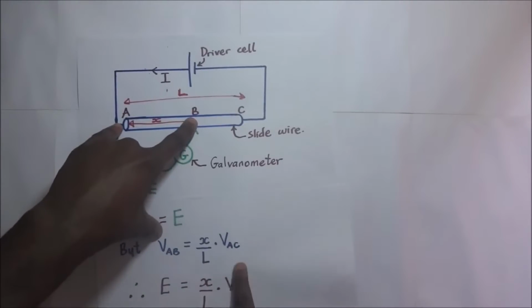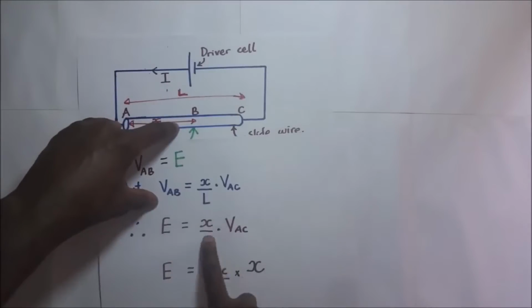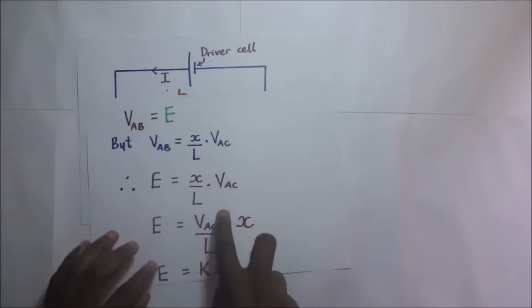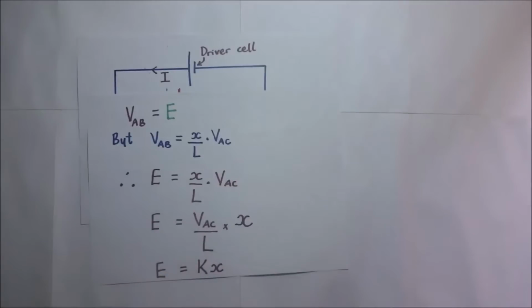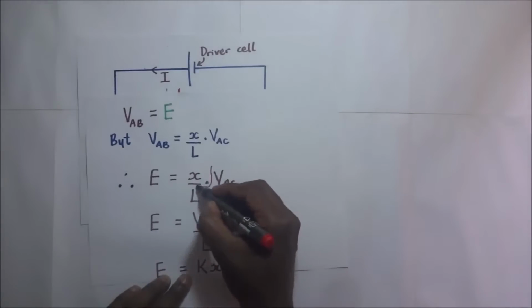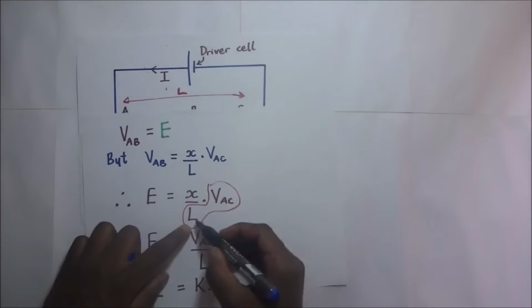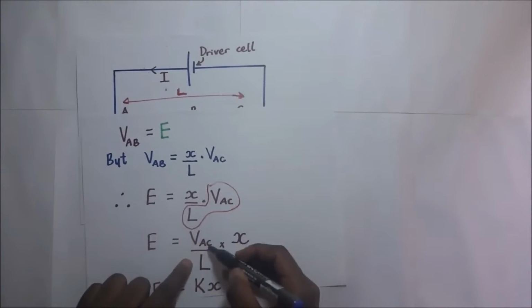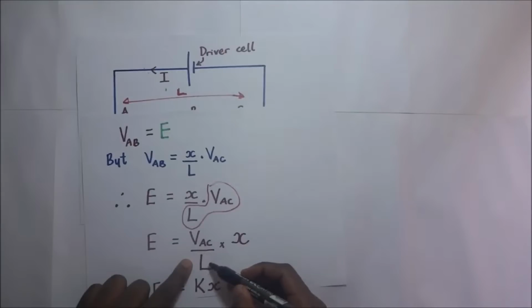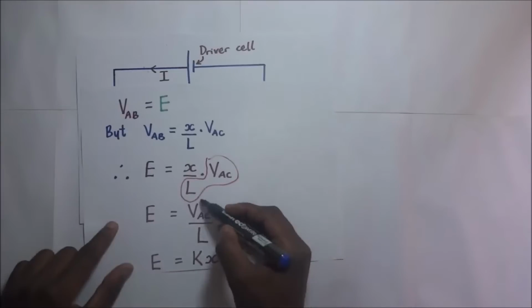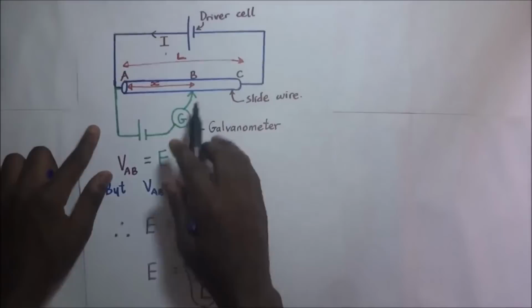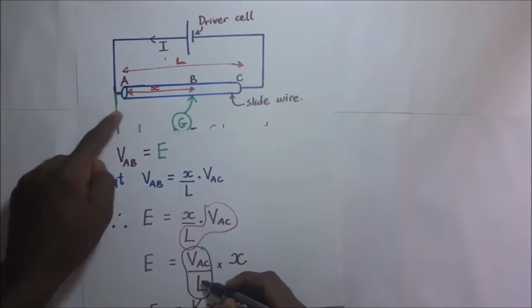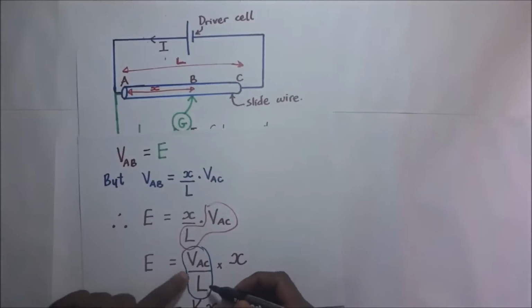So we have V over L, the potential difference across AC over L, which we rearranged as VAC over L times this X. Now this VAC is the potential difference across the entire wire. Dividing that by the length of the entire wire gives us what we call the PD per unit length of the wire.